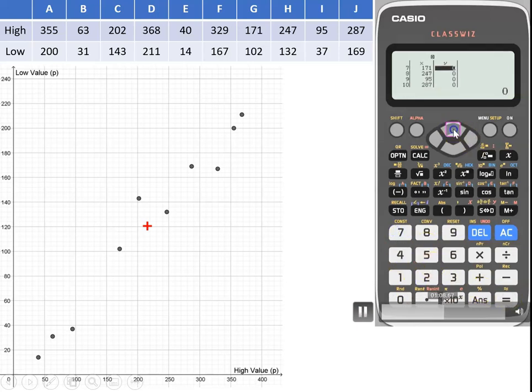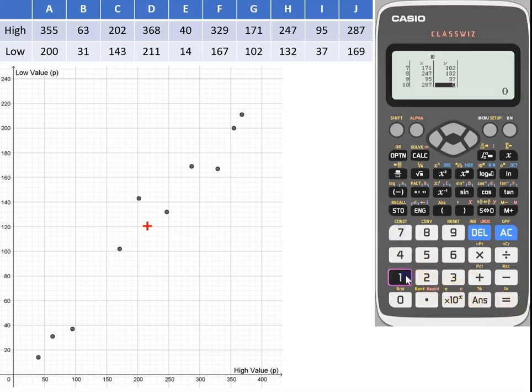When you get to the end of the x values, go across to the y column and up to the top, and start putting the y values in. Again, we can just zoom through that process a little bit. And then once we've got all of the values in, we need to go to the option button and tell it we want the regression calculation done, which is option 4.